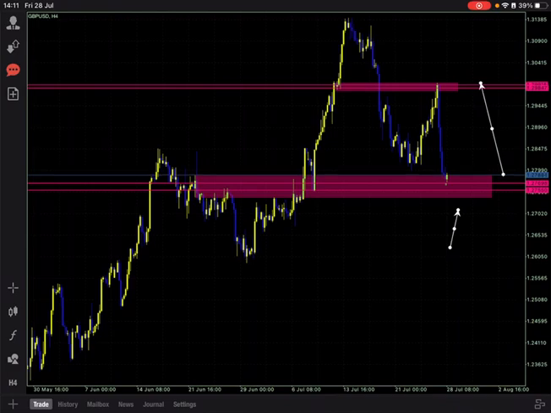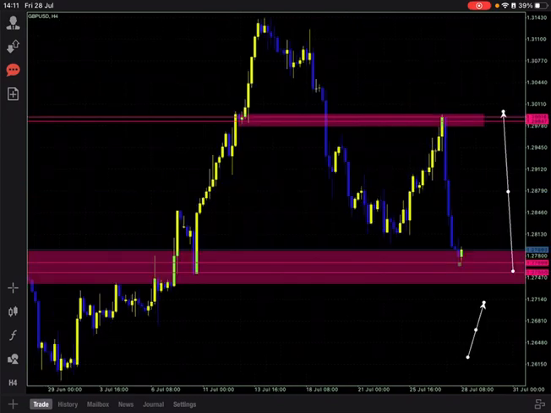Then I have my sell zone up here, which is quite far away. But like I said, I like to trade big movements. So from key level to key level, that's already more than 200 pips. And not only that, it's the recent engulfing sell that respected this engulfing buy that failed.